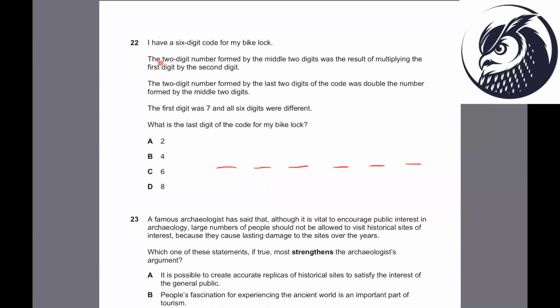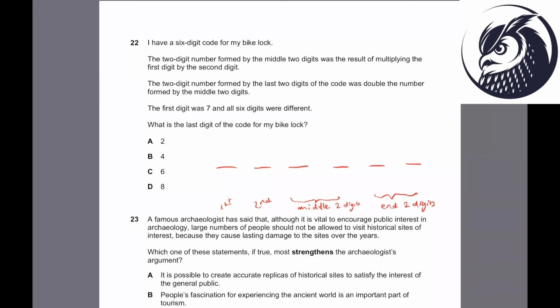So the 2-digit number formed by the middle 2 digits was the result of multiplying the first digit by the second digit. So I'll just quickly try to represent that, guys. So we know that the first digit, I might just label it for you guys: first, second, these are the middle 2 digits, and these are the end 2 digits.